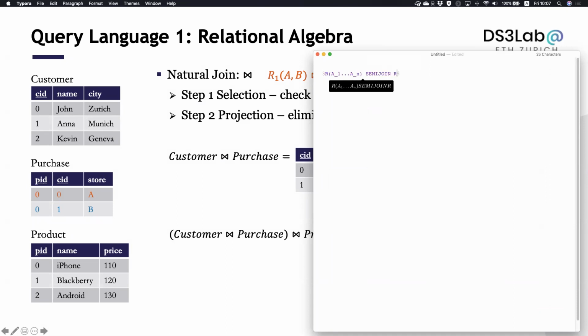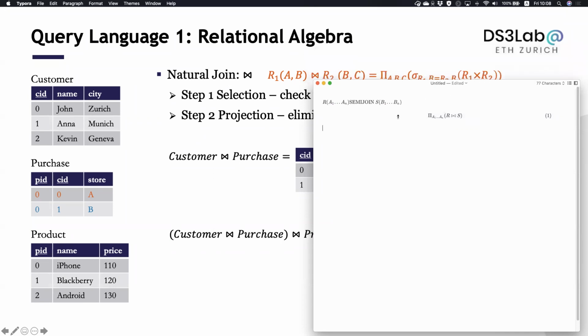So let's assume this is what we have. When I do this, I will first join R and S, and then I project that to all the attributes of R. So essentially, this is what I'm trying to do. This is clear, right? Yes, this is clear.